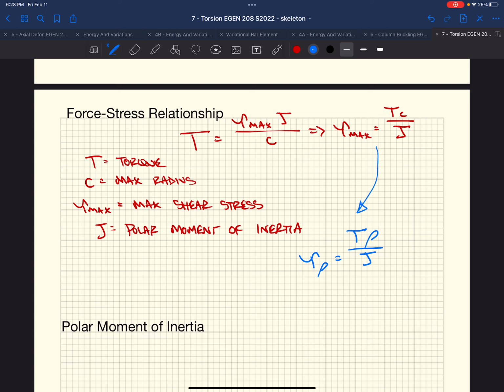Instead of looking at the maximum radius, where the maximum stress occurs, we can figure out the shear stress at any rho, which is radius.